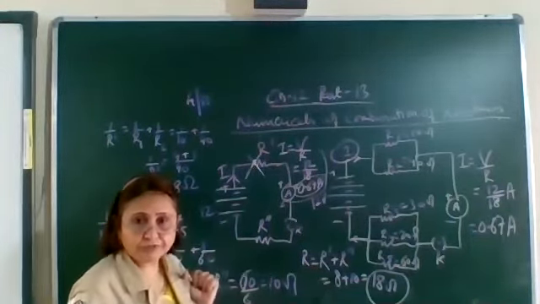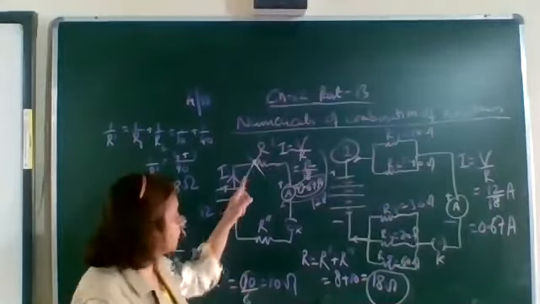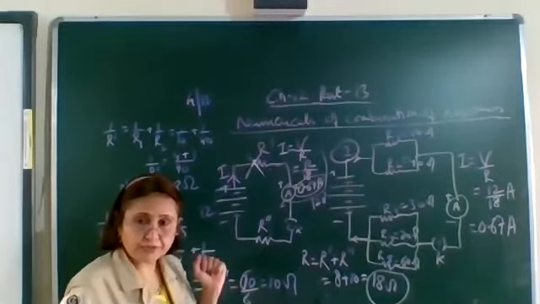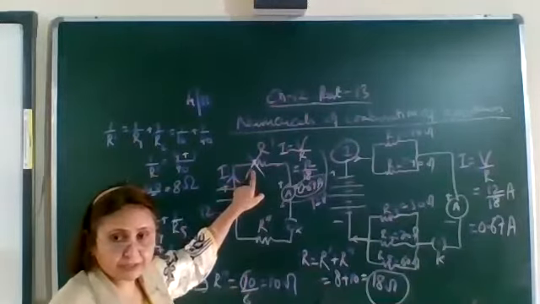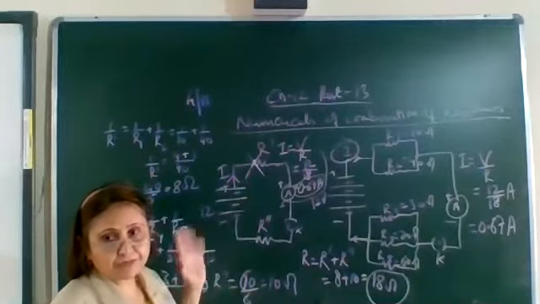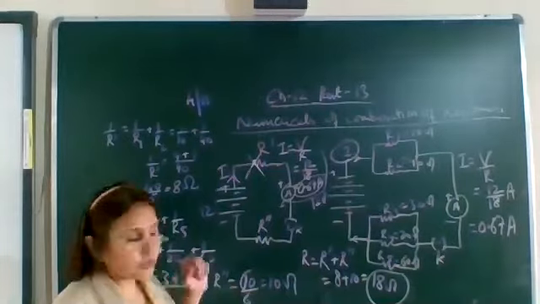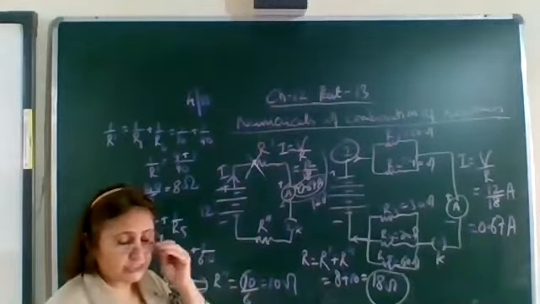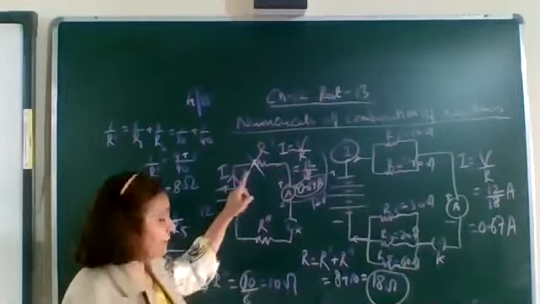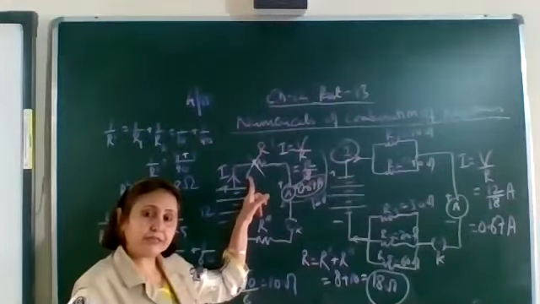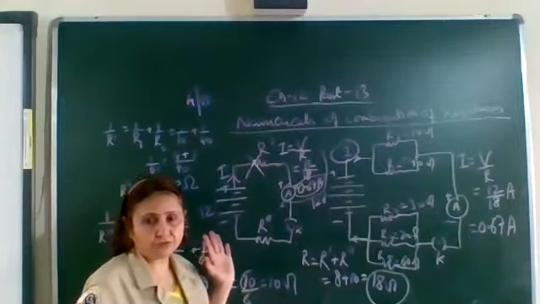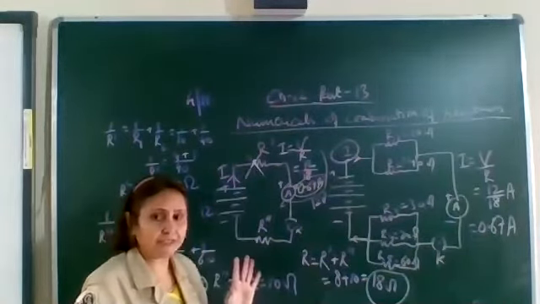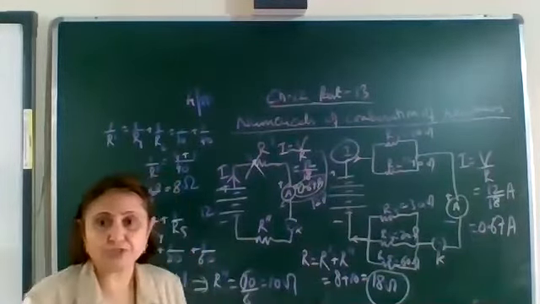The other component will also not work, because the circuit will be broken at this point. Though the key is closed, the circuit is broken, so the other component will also not work. So if one of the components is damaged, the other component will also not work.